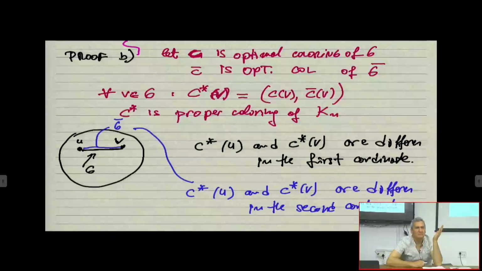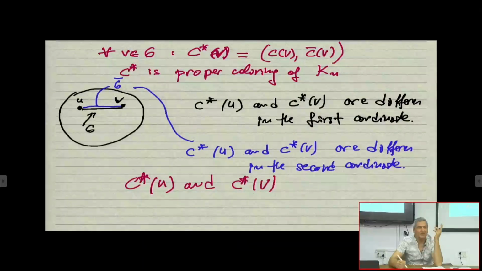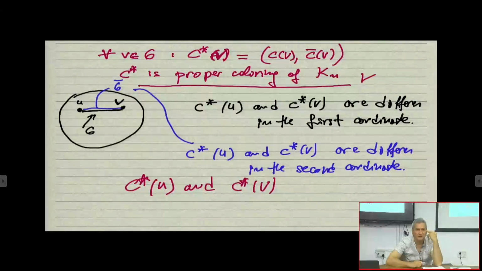So these two colors are different. They are different in the first coordinate if the edge belongs to G, and they are different in the second coordinate if the edge doesn't belong to G. That means it belongs to G complement, yes? So this follows, we have done this. It's a proper coloring of the complete graph.